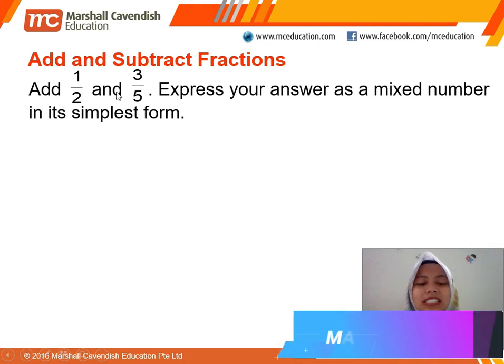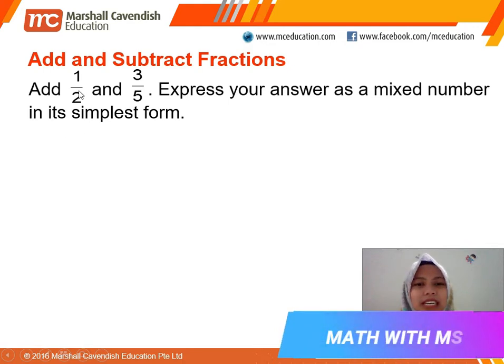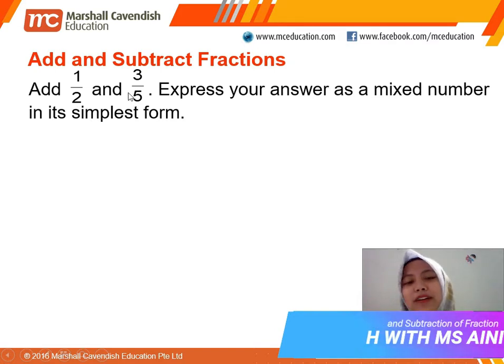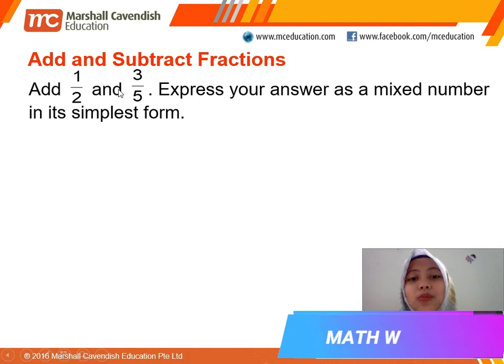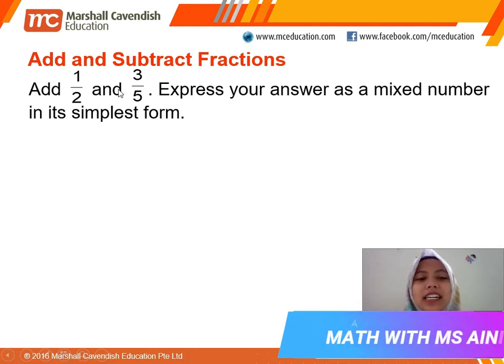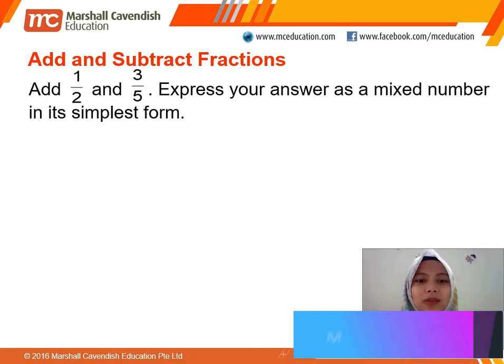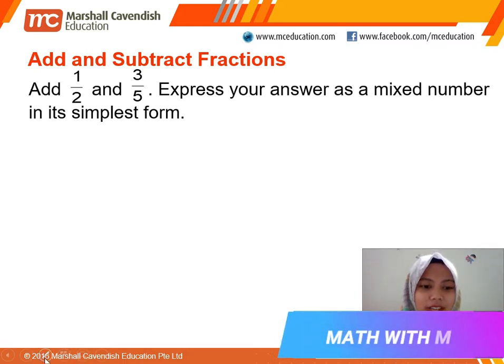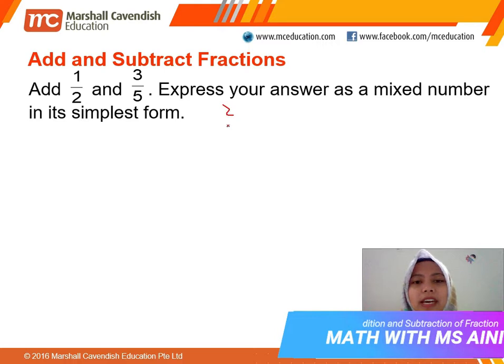Now this is more complicated because 2 and 5, 2 times what number gets 5? None. So we need to find the common multiple that is the least. From here, you can say this is 2 and 5.